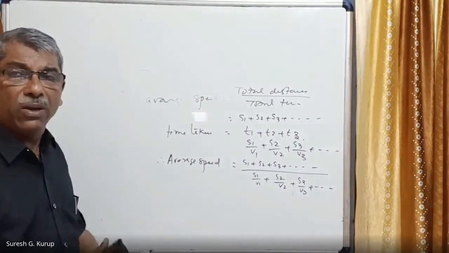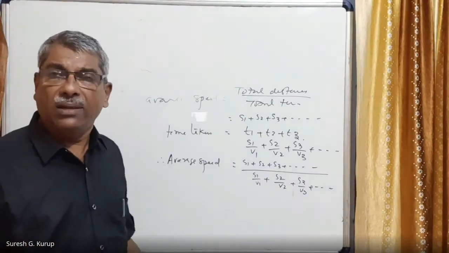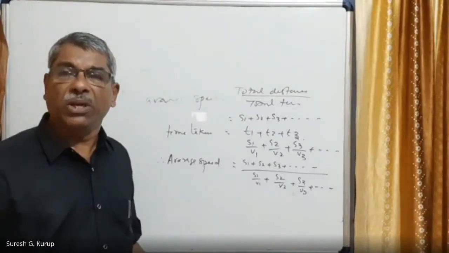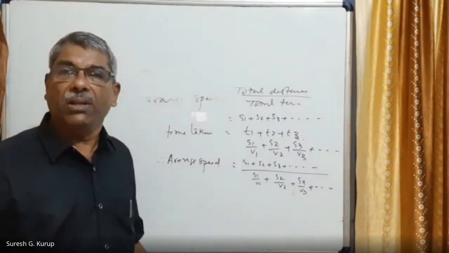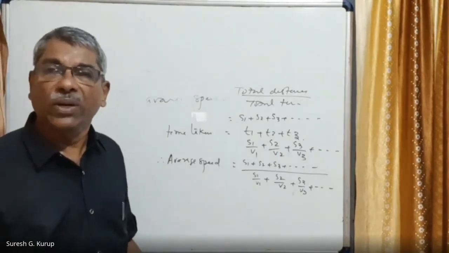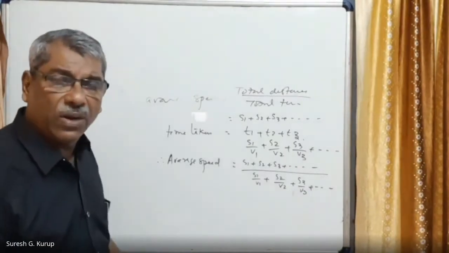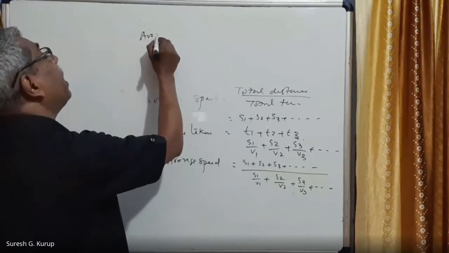The body is moving in a certain time interval t1 with the speed v1. In another interval t2, the speed is v2. In another interval t3, the body is traveling with the speed v3. Then also average speed can be calculated, in terms of speed and time.